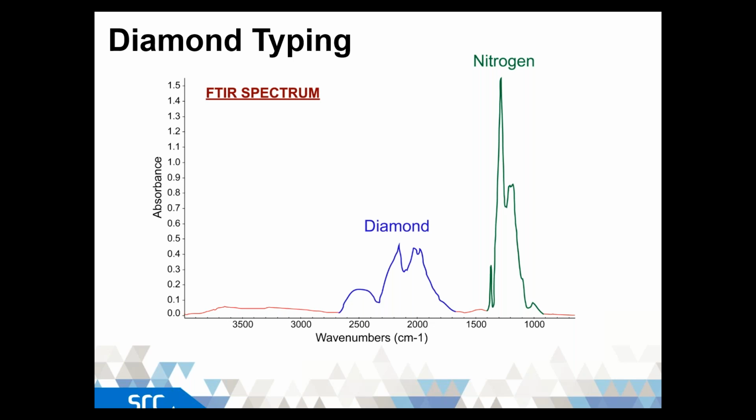So we use the peak heights of this to calibrate the nitrogen peaks, and this will give us a nitrogen concentration. The green peaks on the right, these are associated with your nitrogen. So we get different peaks in different positions based on how your nitrogen is arranged or the aggregation state of that nitrogen. And then we get different peak heights based on your content. So obviously the higher the peaks in relation to your diamond peaks, the higher the concentration of nitrogen.